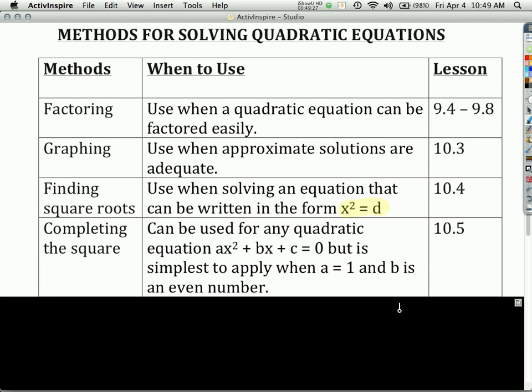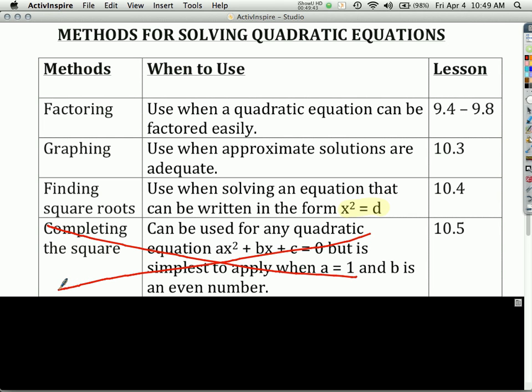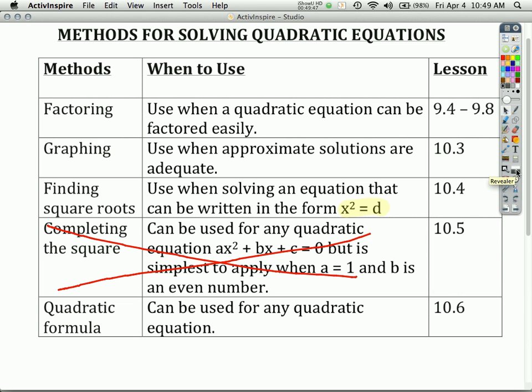However, to understand how the quadratic formula was designed or how it was come up with, you have to know how to do completing the square. So you are not going to learn this year. This is for my advanced students only. Okay? And then, lastly, quadratic formula.